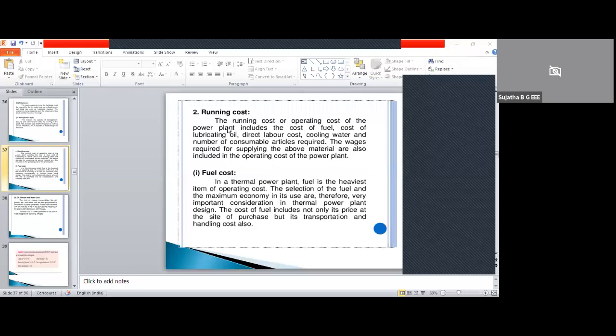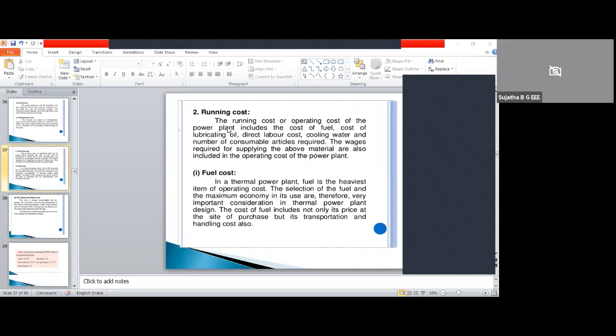See, the running cost is easy, you can understand, it is the operating cost. For example, if you have to run a thermal power plant, you have to use fuel. So fuel has to be consumed. So this comes under running cost. Again, oil for lubricating, that is for mechanical parts, for wear and tear, it has to be lubricated. You have to purchase oil.